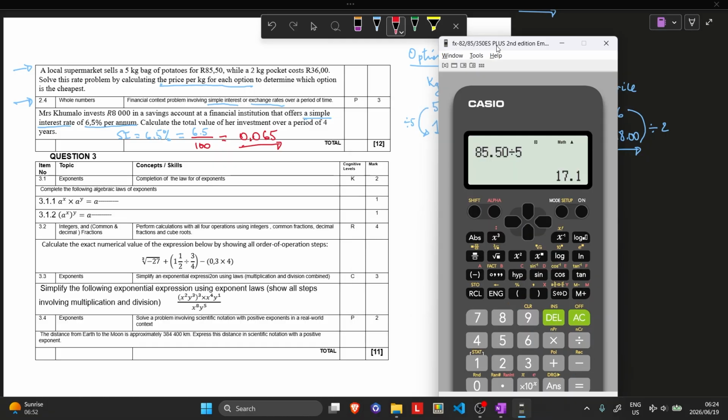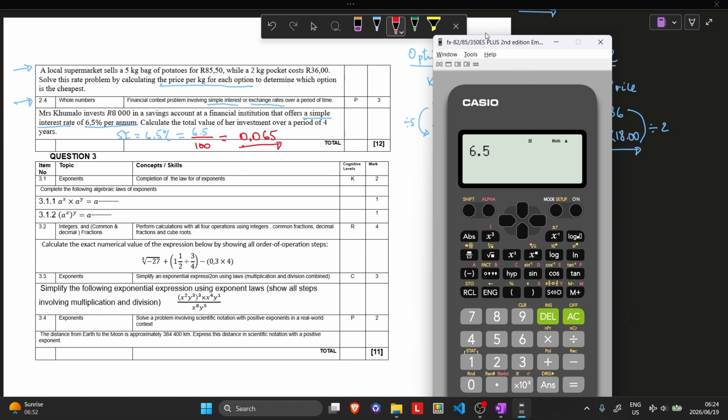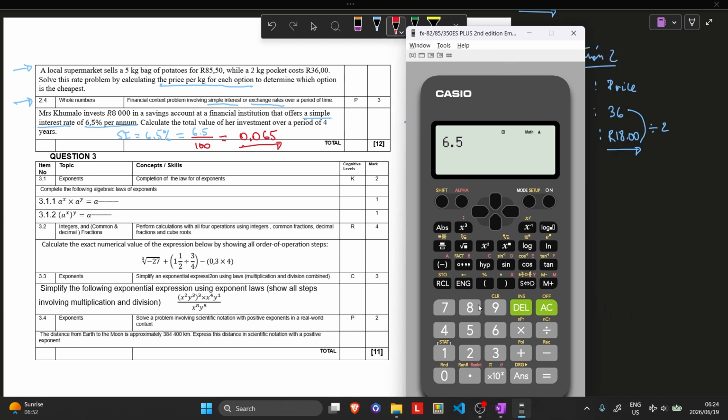Do I have a percentage here? I'm sure I must have a percentage. So I've got 6.5. Let me just check quickly about the percentage. I'm sure some of you would have seen it already.